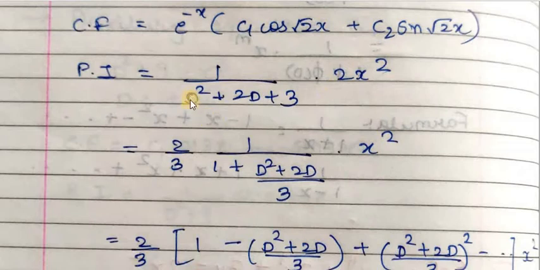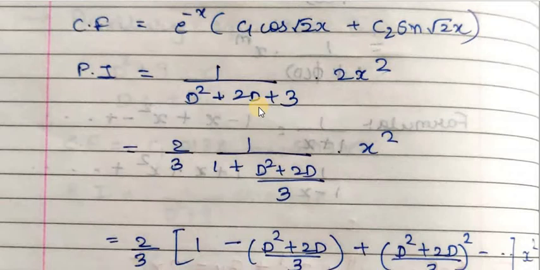So first of all, we have to make f of D into the form 1 plus phi of D. For that purpose, you have to divide this quadratic expression by the constant value. If the constant term is absent, then you have to divide the given expression by the least power of D.